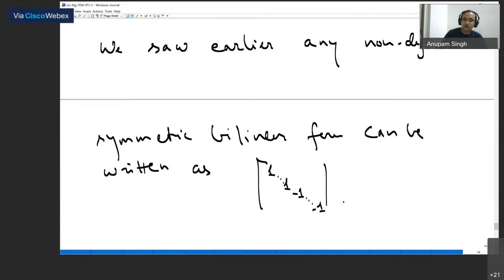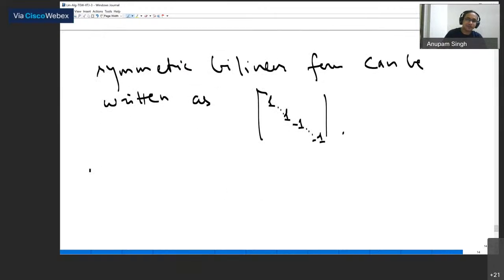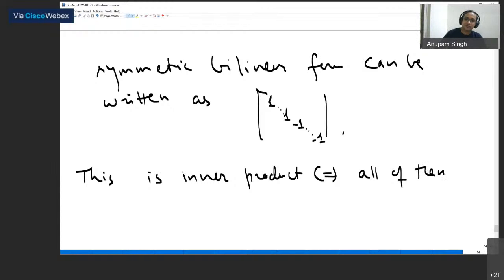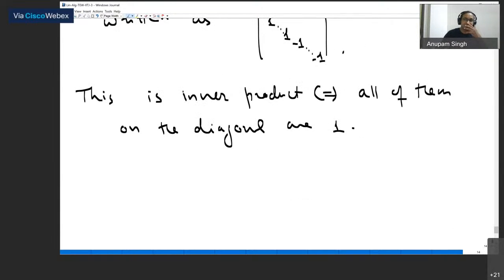But not all of these are going to be inner products. It is an inner product if and only if all of them on the diagonal are 1. No minus 1 appears there. Then it is an inner product.